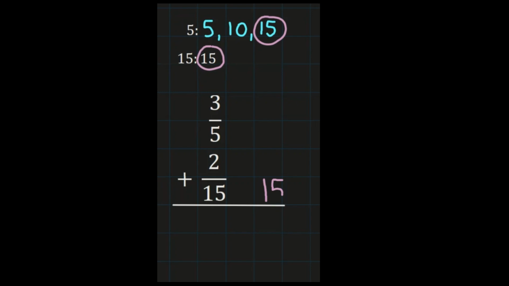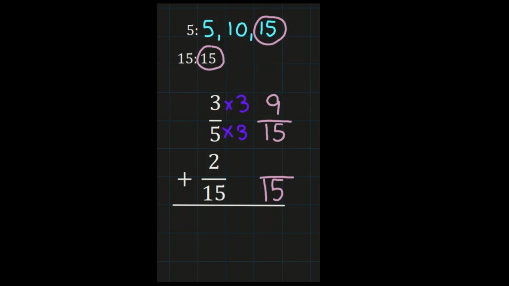And so then I'm going to need to set up to make equivalent fractions with a common denominator of 15. And so what did we multiply 5 by to get 15? Well, 5 times 3 is 15. And whatever I multiply my denominator by, I need to multiply the numerator by. So 3 times 3 is 9.